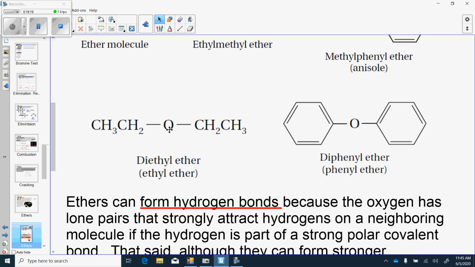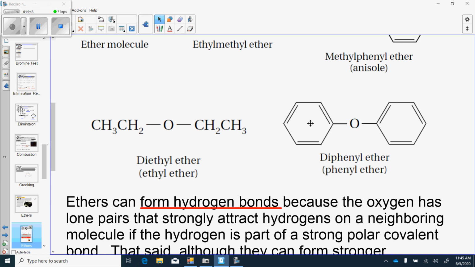It's an ether. It has an ethyl and an ethyl. So ethyl and ethyl. You can call it diethyl ether, or sometimes if there's just one branch and they say ethyl ether, then it's understood that both of the R groups are ethyl.